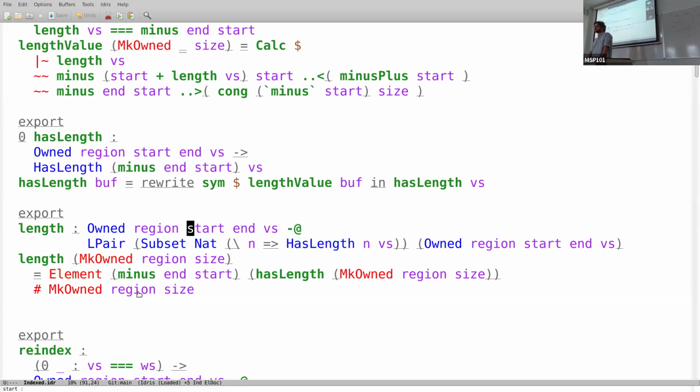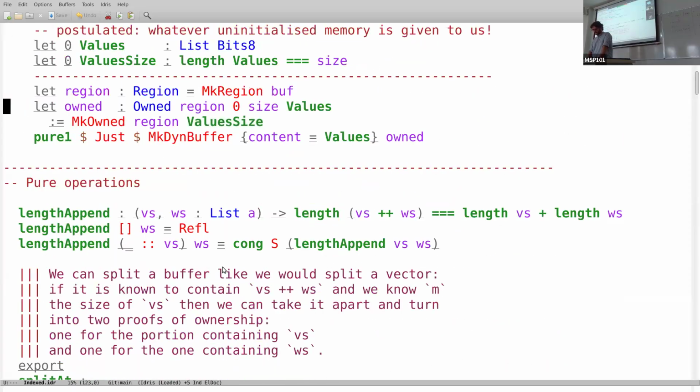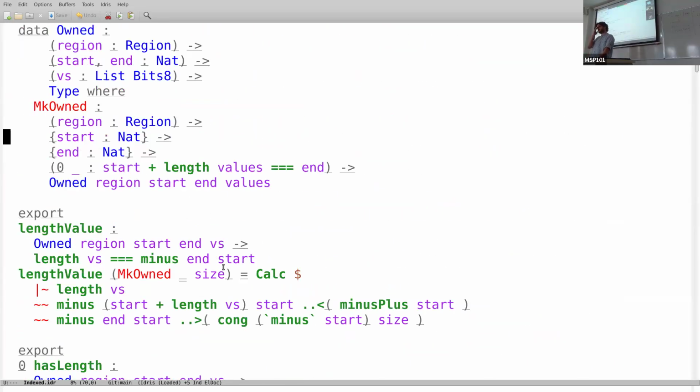But this is actually proven, so you could also postulate it. But then if you make a mistake somewhere, yeah. No, so this is like the trusted form. Right, but you're not fully trusted. It's just so easy to forget a +1.